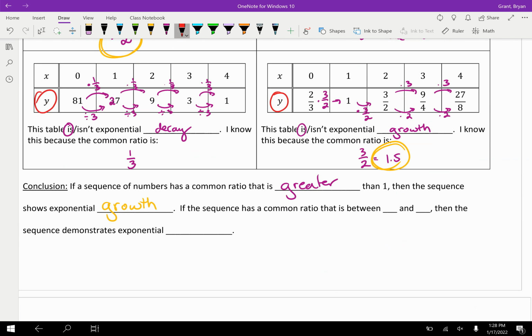However, if our sequence has a common ratio that's between 0 and 1, isn't 1/3 between 0 and 1, and we actually talked about this on the opener as well, it's all tying back together, then our sequence is going to demonstrate exponential decay. And that's because if you multiply by any number between 0 and 1, it decreases the value of your outputs. What are numbers between 0 and 1? Well, you have like 1/2, 1/3, 2/3. Right? We've seen those before.